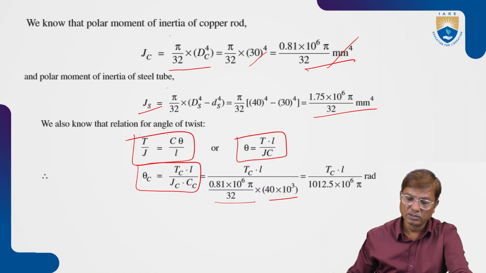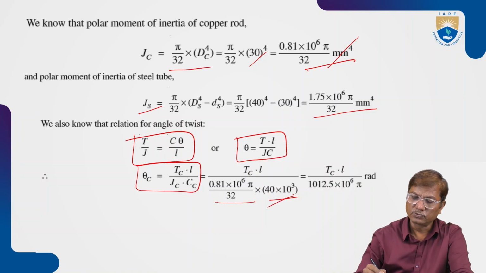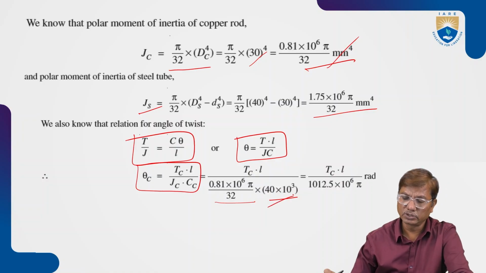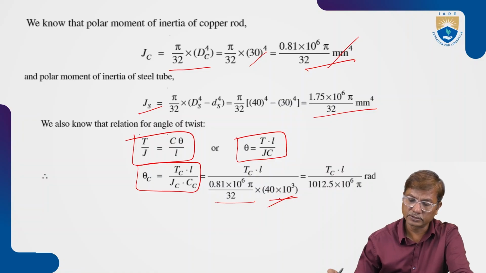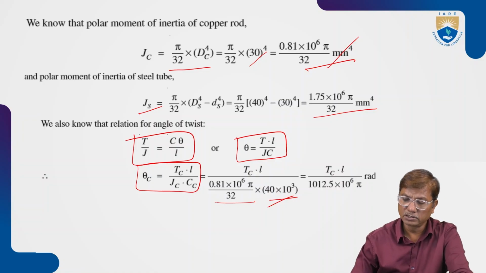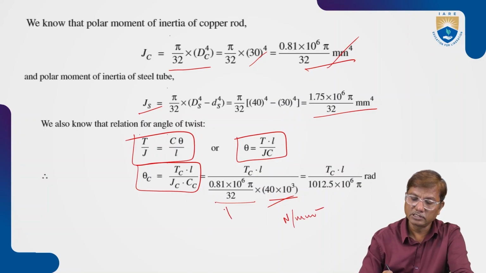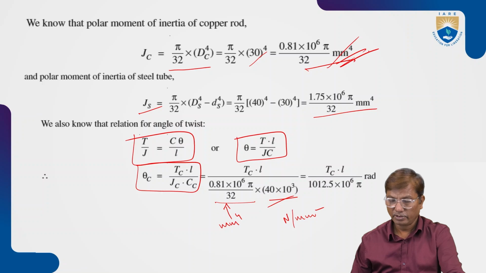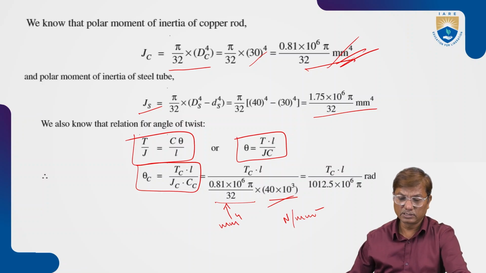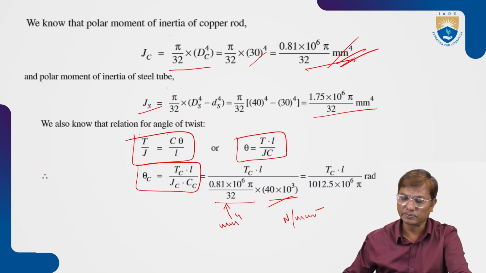This is 40 gigapascals actually, so it is converted into megapascals, multiplying by 10 cube. Megapascal is nothing but Newton per mm square, and JC is in mm power 4. Yeah, we have to take care of units before substituting the values.